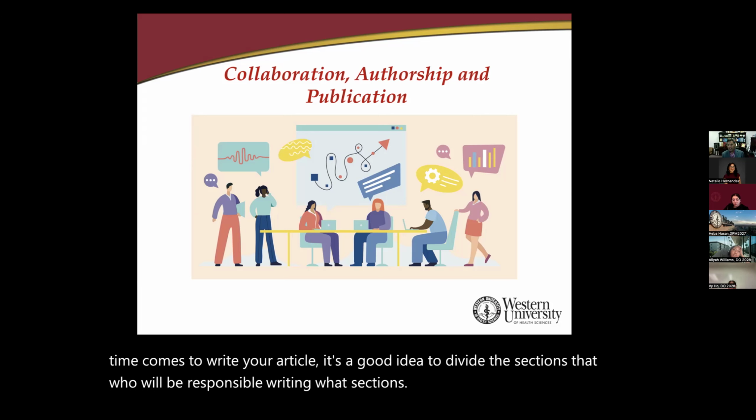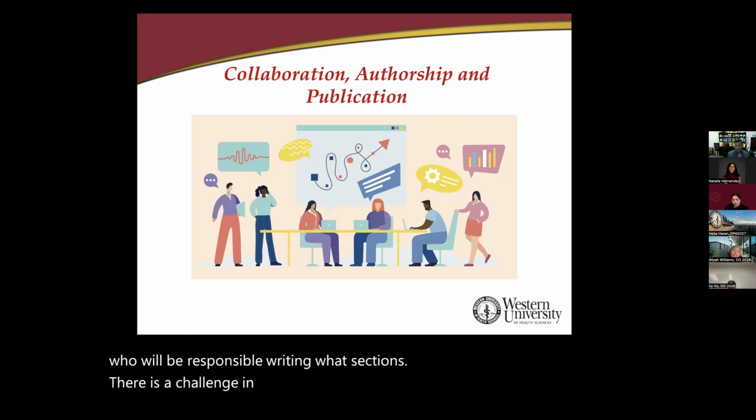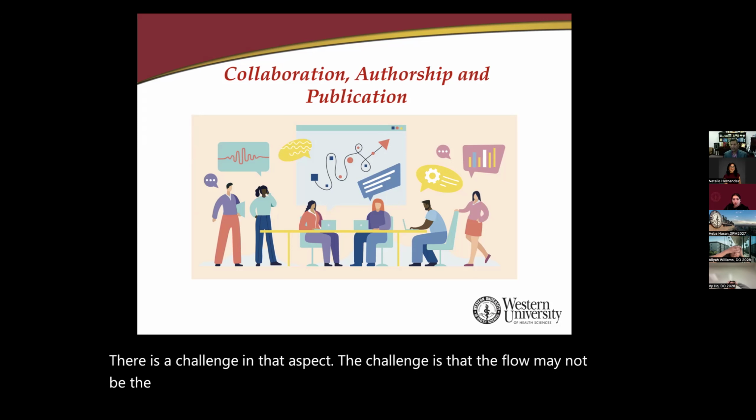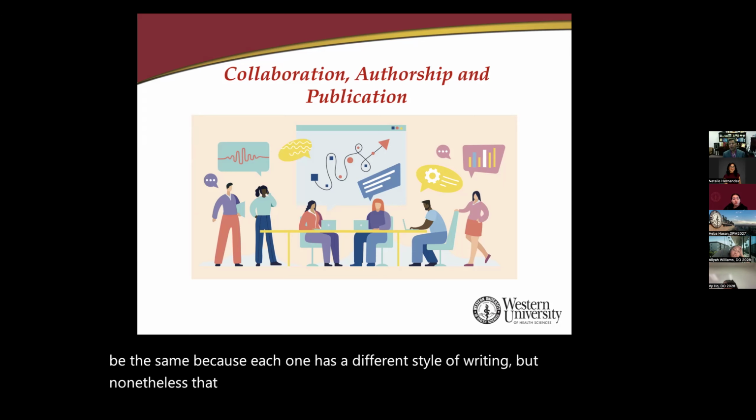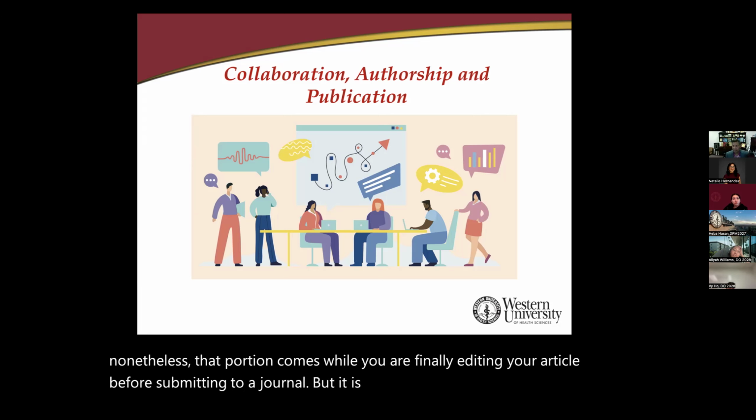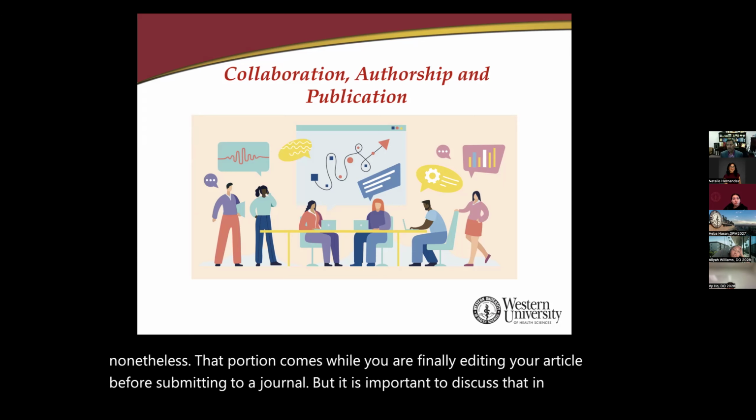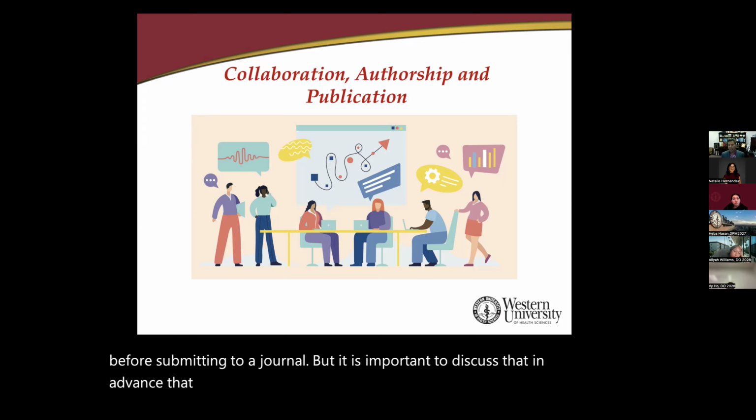There is a challenge in that aspect. The challenge is that the flow may not be the same because each person has a different style of writing. But that is addressed while you are finally editing your article before submitting to a journal. It is important to discuss in advance which portion of the article will be written by which author.